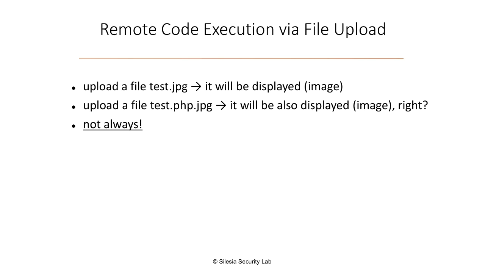And this is really counterintuitive for you right now, because I'm telling you that the file ends with .jpg and somehow it can be executed. How is that possible? It's possible, please believe me, and when you carry on listening and watching this video, it will be more and more clear for you, okay?